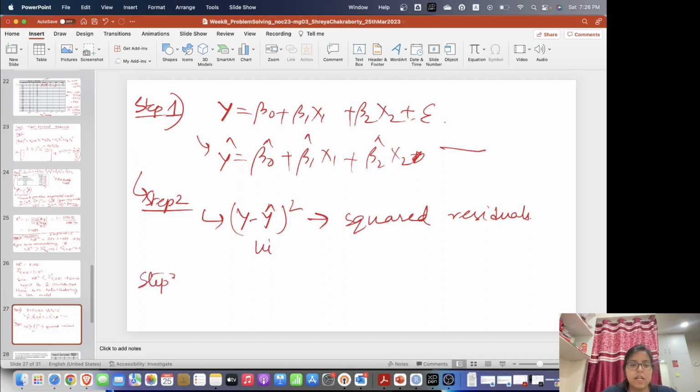Then step 3 is to regress ui square on all the existing variables, their square terms and their cross product terms.